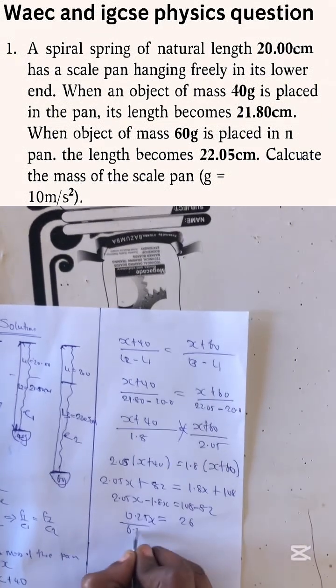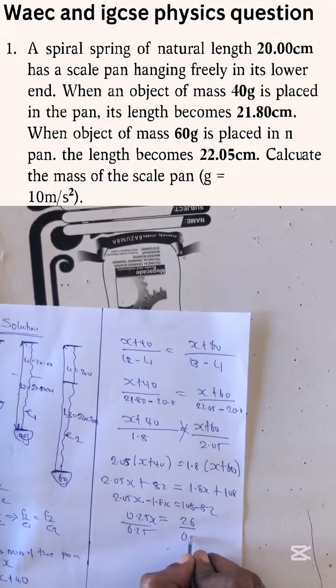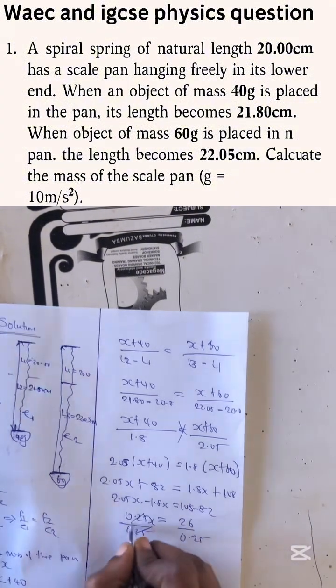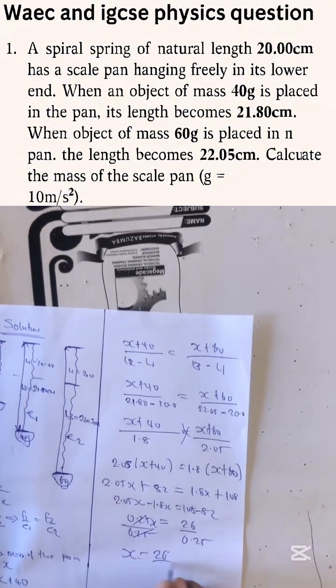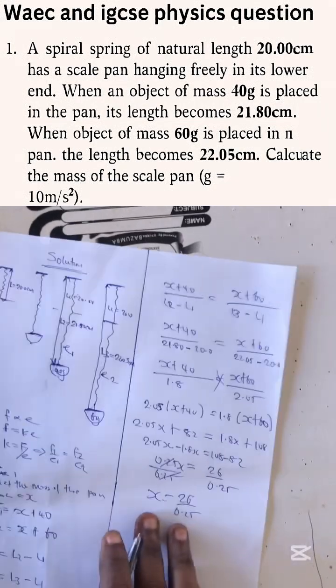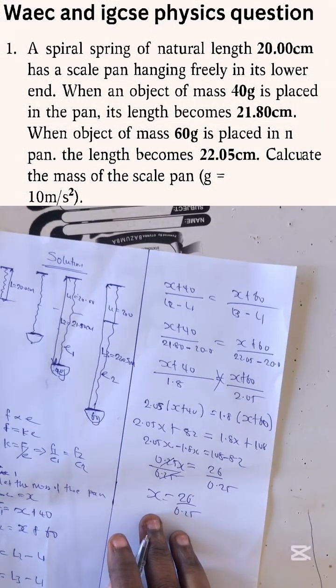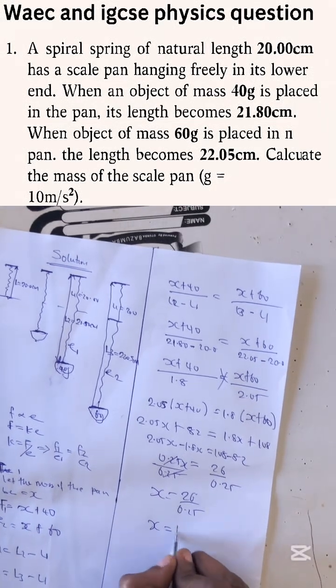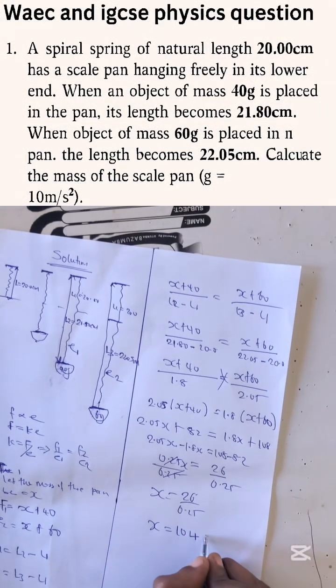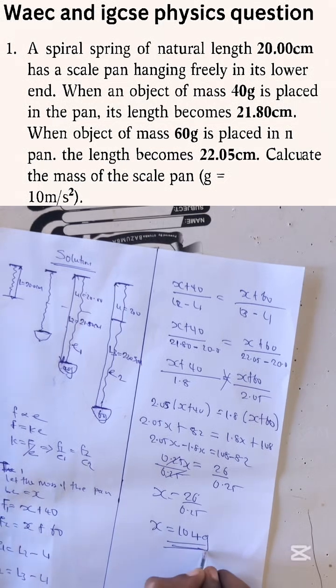Divide both sides by 0.25: X equals 26 divided by 0.25, so X becomes 104 grams. That's the answer.